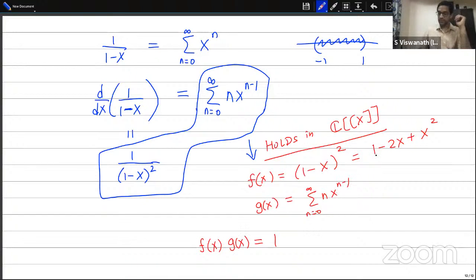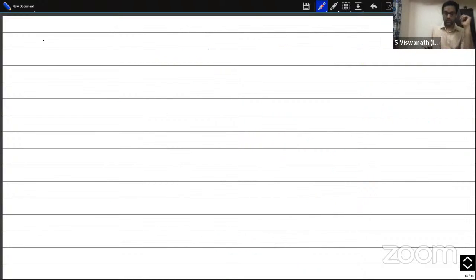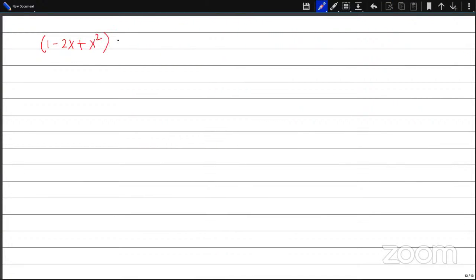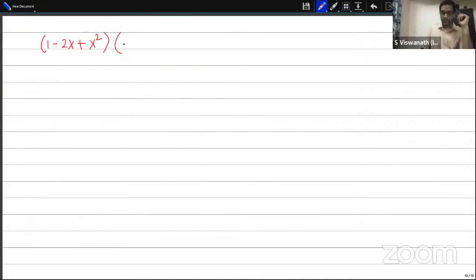So how does one multiply these two polynomials in the power series ring? Let's multiply them out. 1 minus 2x plus x squared. And this is n x to the n minus 1, right? So this is 1 times x to the 0, 2 times x to the 1, and so on.